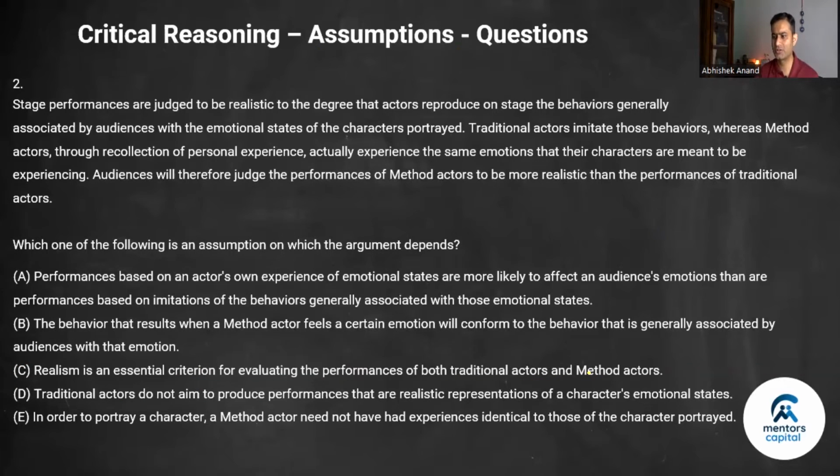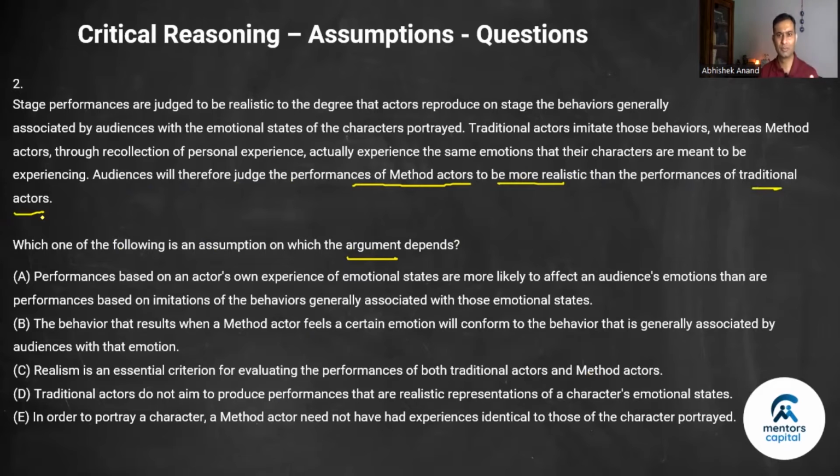Again, a very interesting question. You may pause the video and go through it and then come to the answer. I'll explain the answer. Which one of the following is an assumption on which the argument depends? First of all, you need to figure out what the argument is. The argument is this: the audience will therefore judge the performance of method actors to be more realistic than the performance of traditional actors.